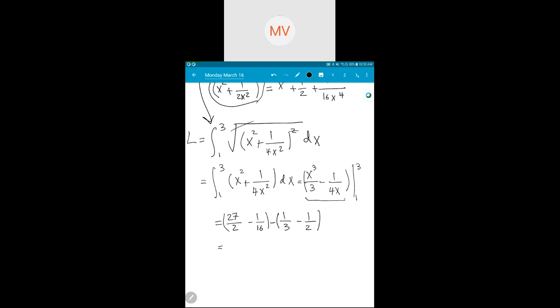Okay, so for that reason, things are going to change here. Let me see. So we have 27 over 3, so it's 9, and then that one is negative 1 over 12 when we plug 3, and for 1 we get 4.